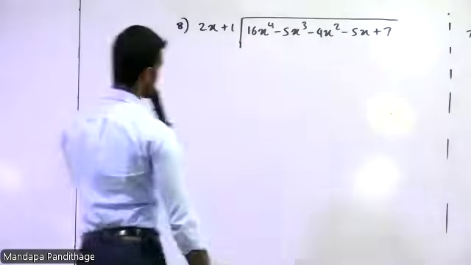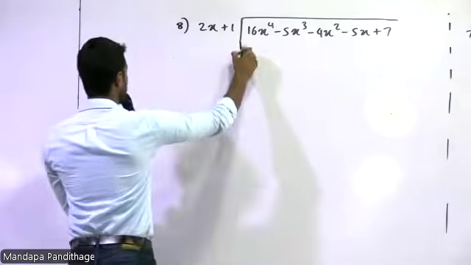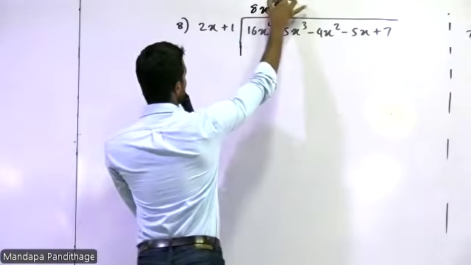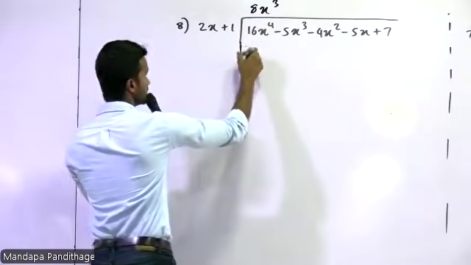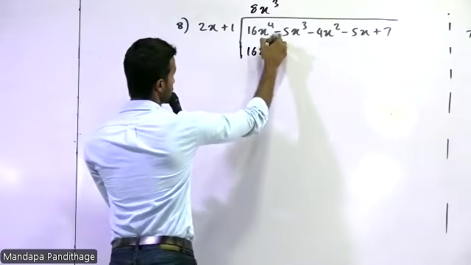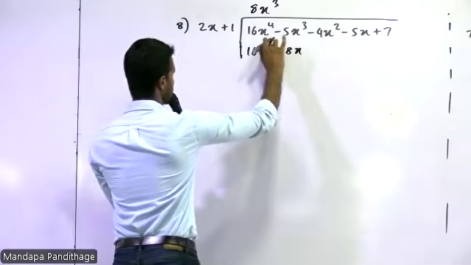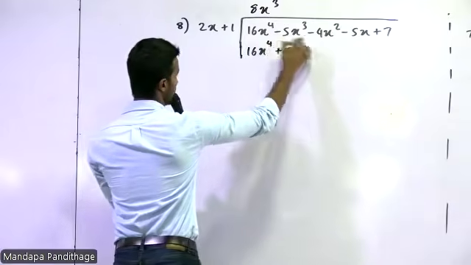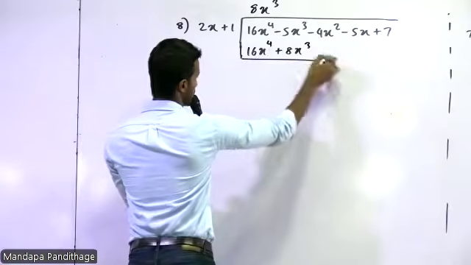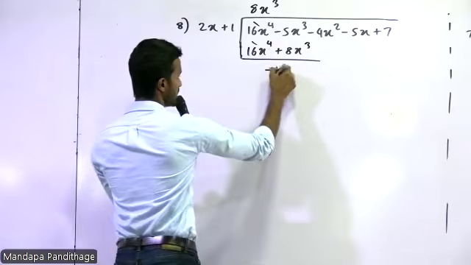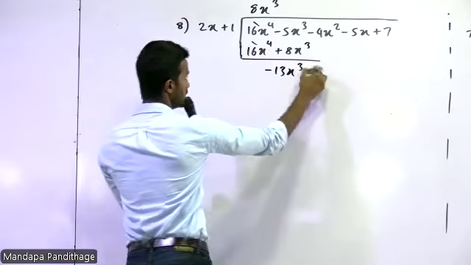Okay, do the work. So 16x to the power 4 divided by 2x is 8x cube. When you multiply, it's 16x to the power 4, 8x cube. Now subtract, these two cancel off. Minus 5 minus 8 is minus 13x cube.